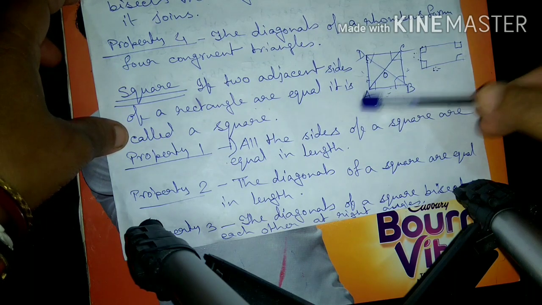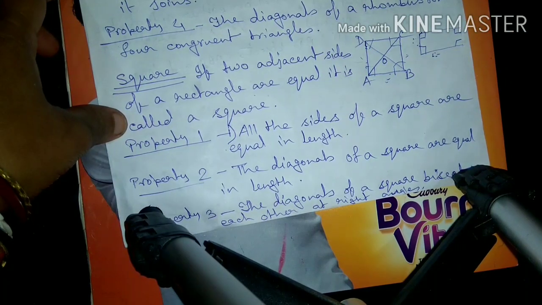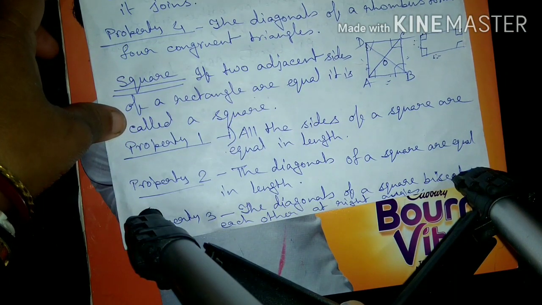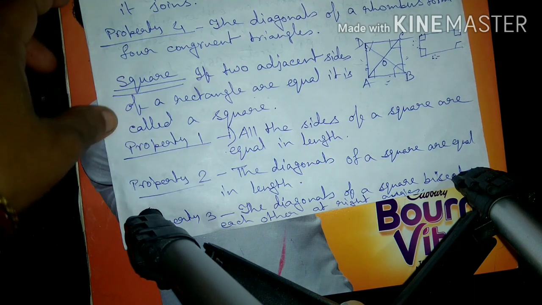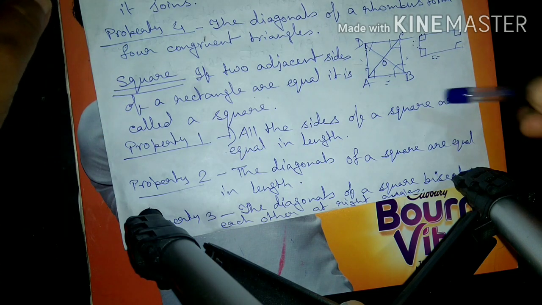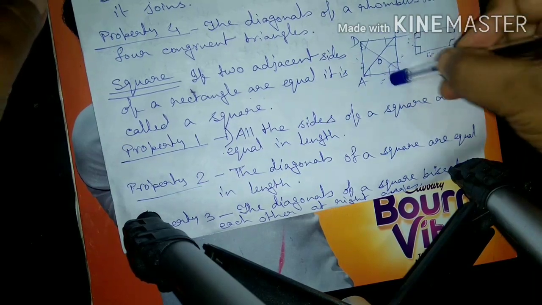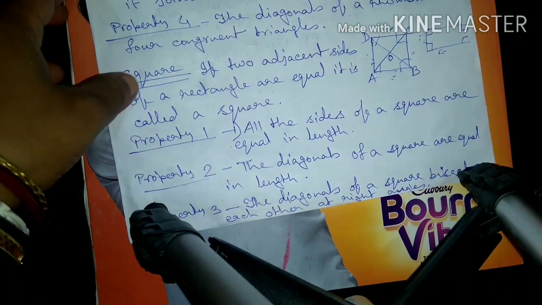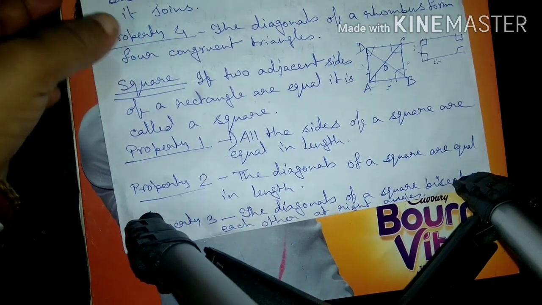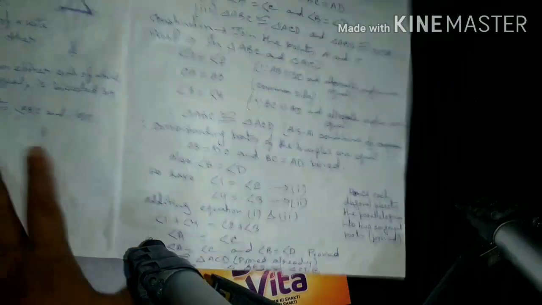That means AC equals BD. And property 3: diagonals of a square bisect each other at right angles. That means AC is perpendicular to BD. Alright, this is all about the properties of the square.